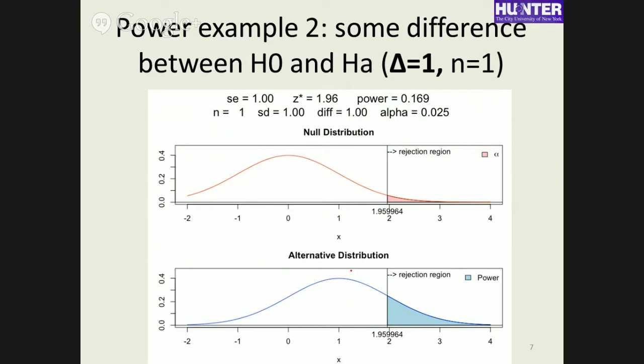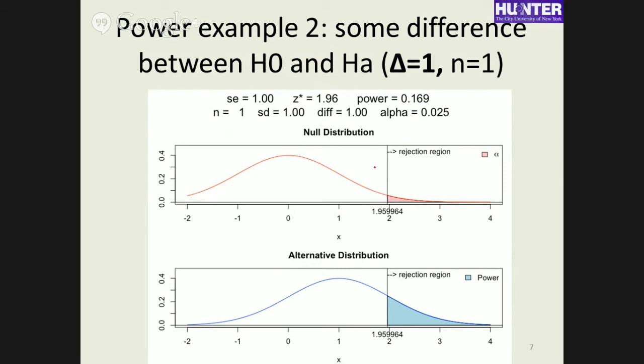So with this being the difference, what is our probability of rejecting the null hypothesis? Now the alternative distribution is true because we've assumed that it's true. We can calculate the probability of rejecting the null as the part that is above, because when we do the hypothesis test, the null distribution is what we're going to be looking at.